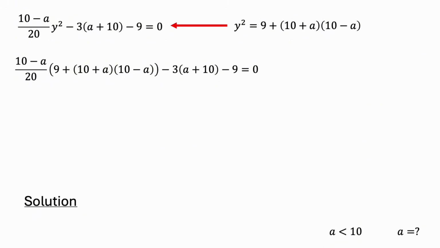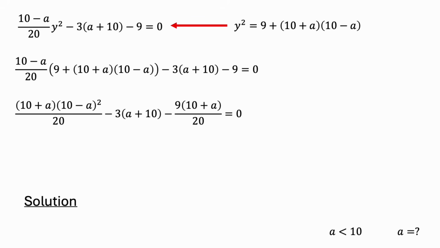If we simplify, the equation becomes (10 plus a) times (10 minus a) whole squared over 20 minus (3 times (a plus 10) plus 9) times (10 plus a) over 20 equals 0. 10 plus a cancels out, and after multiplying both sides by 20, we obtain (10 minus a) whole squared minus 60 minus 9 equals 0, or (10 minus a) whole squared equals 69.